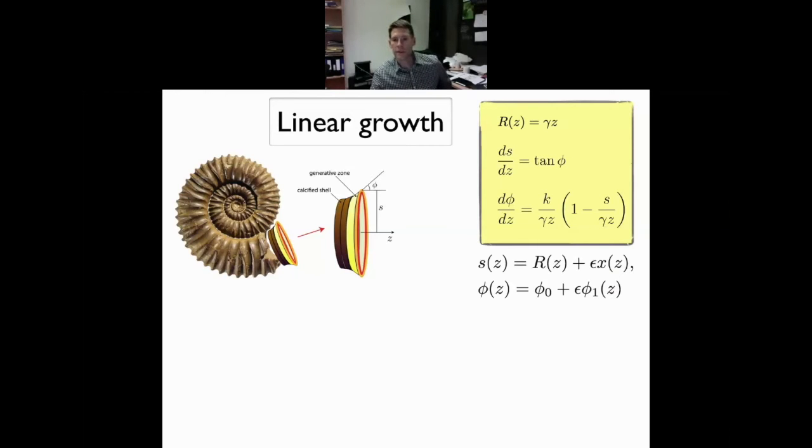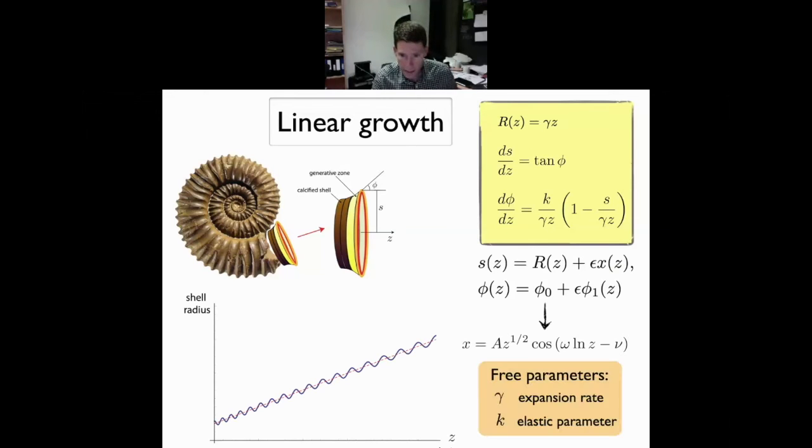We can take that further and suppose that S is close to R. So this is like if we don't deviate very much from the stress-free state, then we can solve this system asymptotically and we get this exact solution right here. So here X is my perturbation of S from being a cone, and you get this exact solution like this, where the two free parameters are simply an expansion rate and an elastic parameter. And as you would expect, it's doing this oscillating thing with increasing amplitude and also an increasing period.